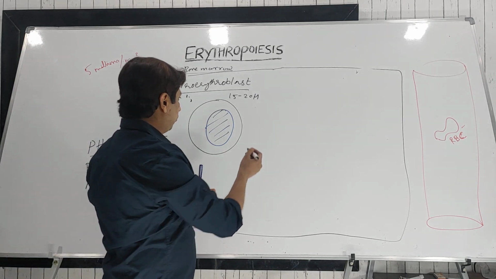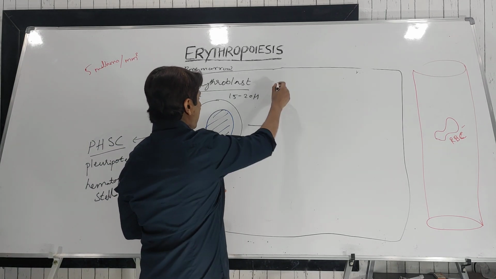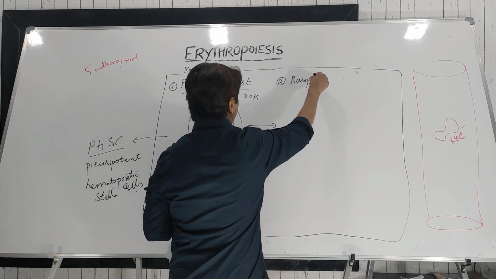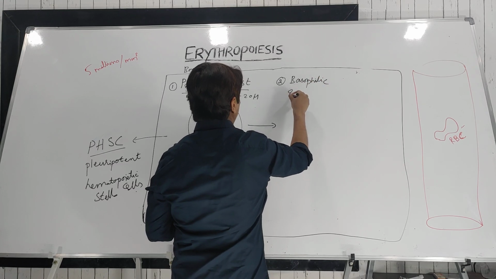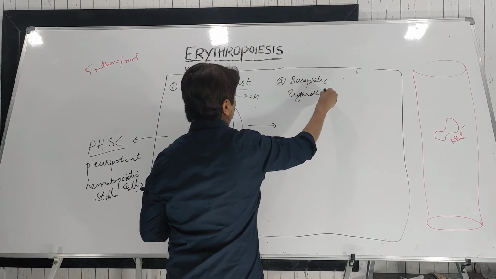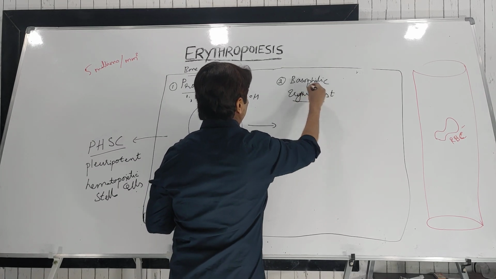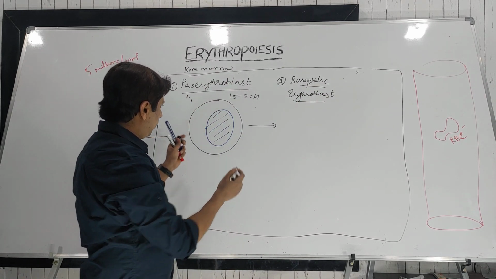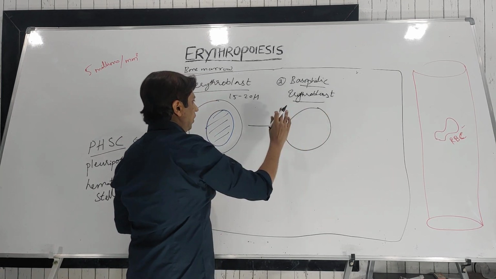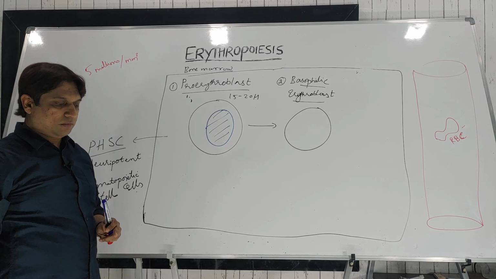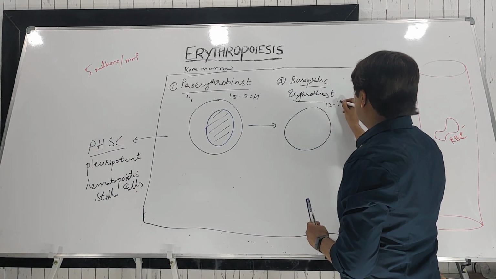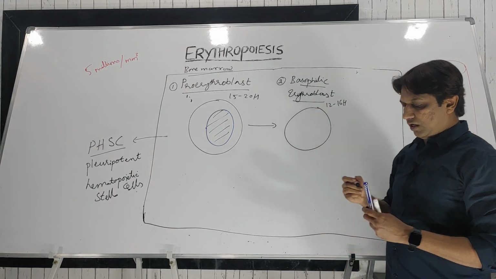So what are the other stages we are going to discuss? After that, the second stage will be the basophilic erythroblast. Erythroblast means immature erythrocyte, that is the blast cell. The basophilic erythroblast has a cell size a bit less than the proerythroblast, around 16 to 20 microns in diameter.